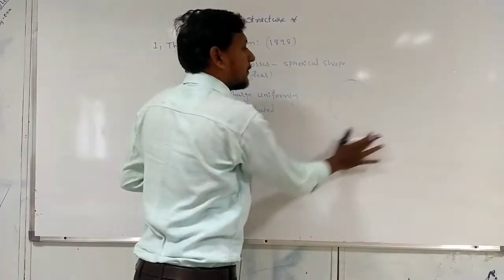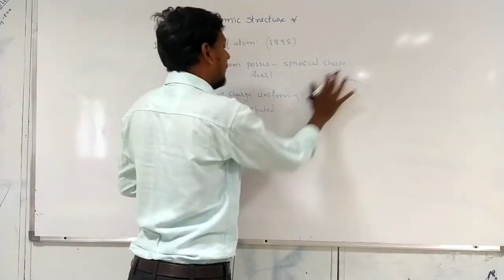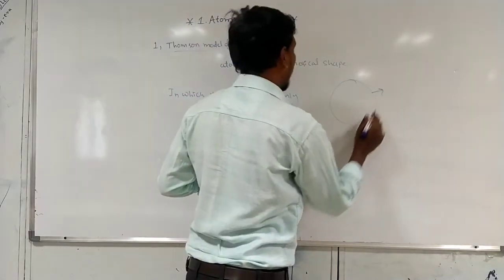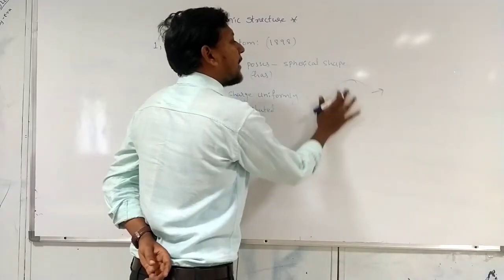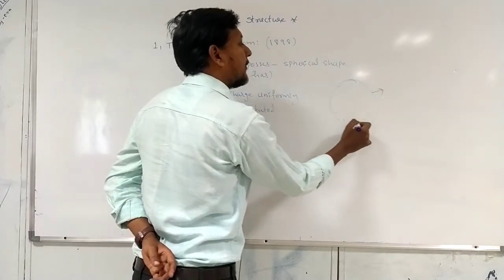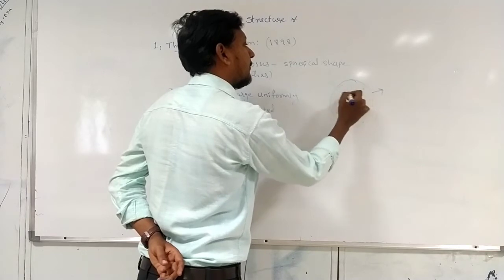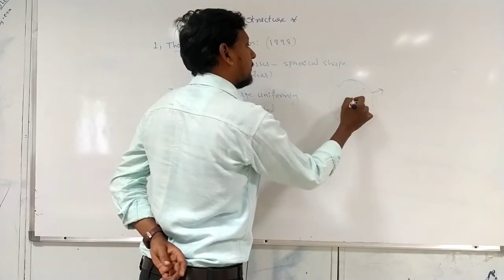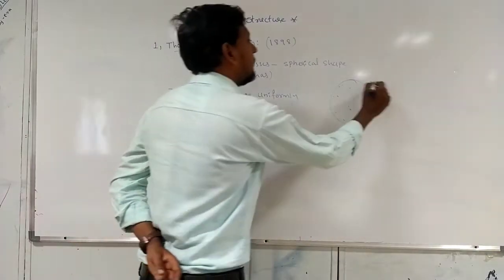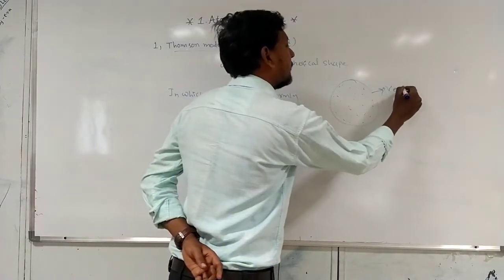This sphere containing the positive charge, the whole sphere is considered as a positive charge. In this sphere, positive charge is uniformly distributed.